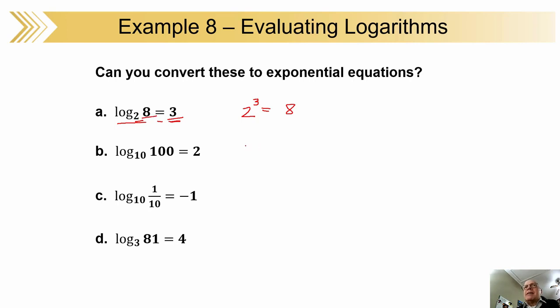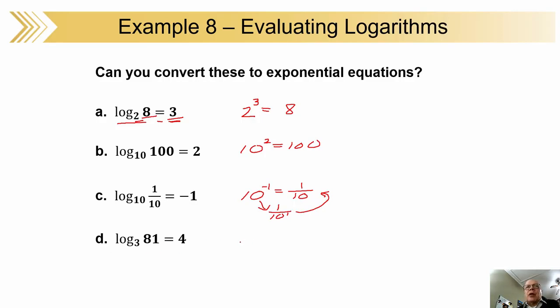Next one, base 10, exponent 2, result. Of course, you can calculate those in your head, but simple practice is practice. When it gets more interesting, then, but anyway, you get the idea. Third one, base is 10, so you write 10, the exponent's negative 1, 1 over 10. And of course, 10 to the negative 1 is 1 over 10.